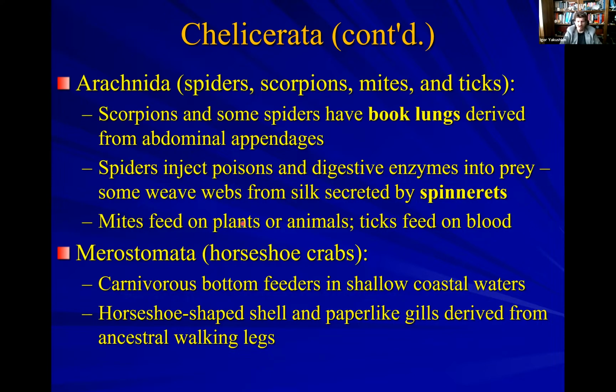And then, of course, mites and ticks feed on blood. And here's a tiny little bit. Okay. And Merostomata, that's the horseshoe crabs. I'll show you. They are bottom feeders in shallow coastal water. They can be found all over the east side of the Atlantic Ocean, here, literally from Canada all the way to, I don't know if we have them in Mexico.